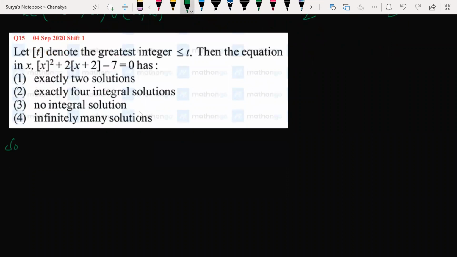Look at this here: [x]² + 2 times this plus 4 minus 7 is equal to 0. Right? You read that as [x]² + 2[x] − 3 is equal to 0.